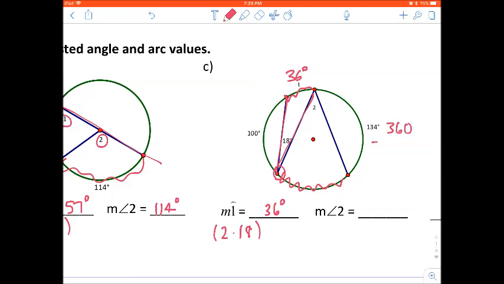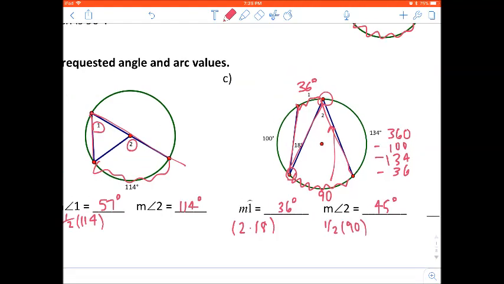So that's minus 100, minus 134, and minus 36. All right, we get that the squiggly arc is 90, which means that the angle across from it, since it has its vertex on the circle and the rays of the angle intersect the circle, is going to be half of the 90, which is going to be 45 degrees.